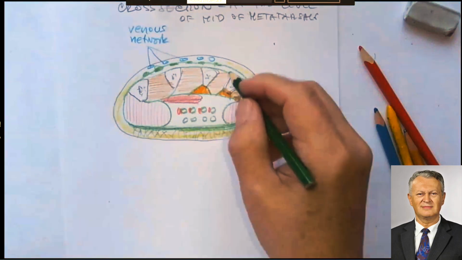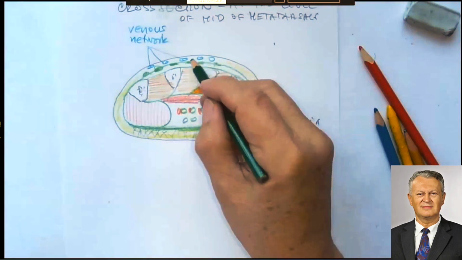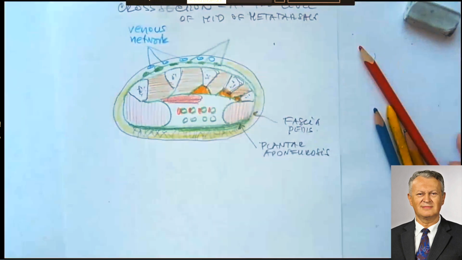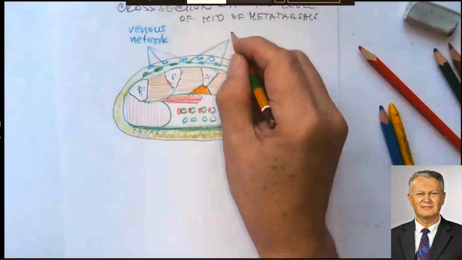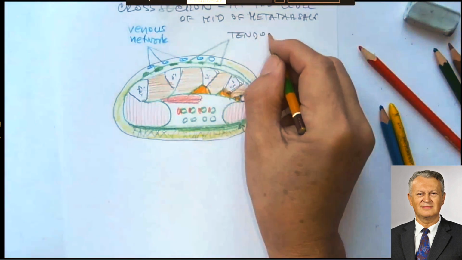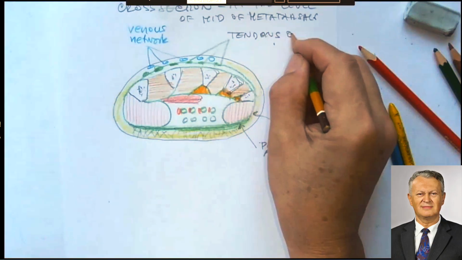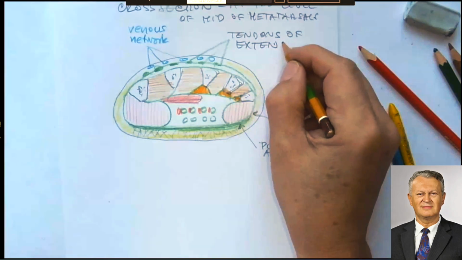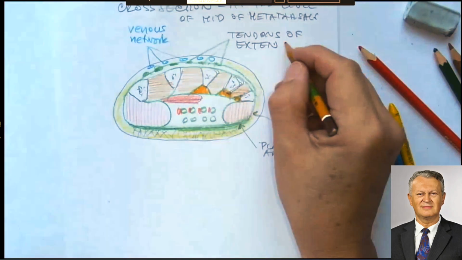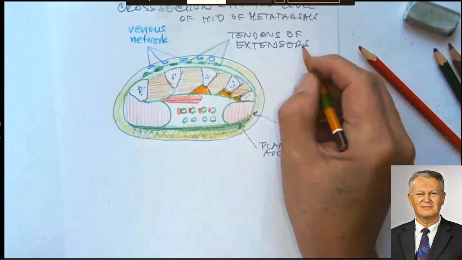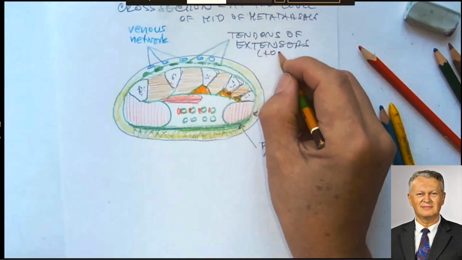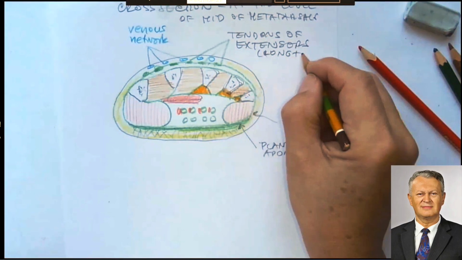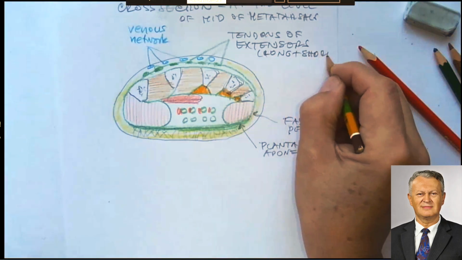Then here we have the tendons, maybe just here are the tendons of extensors, both. I'm not separating short from long extensors, just you can add long plus short extensors.